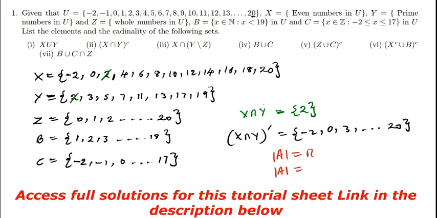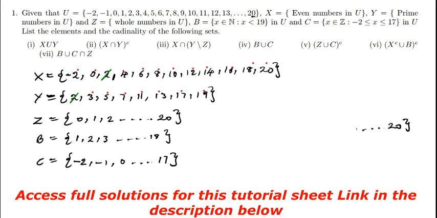Just count all the elements which we have here: 1, 2, 3, 4, 5, 6, 7, 8, 9, 10, 11, 12, 13, 14, 15, 16, 17, 18. So this is going to be equal to 18. It means you would have answered both parts, listing the elements as well as stating the cardinality.